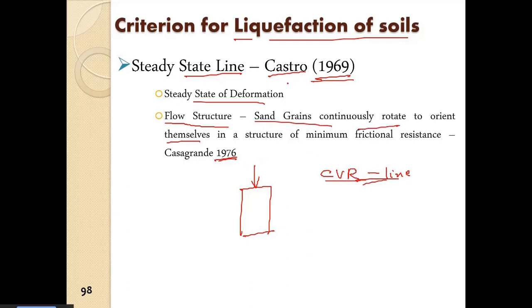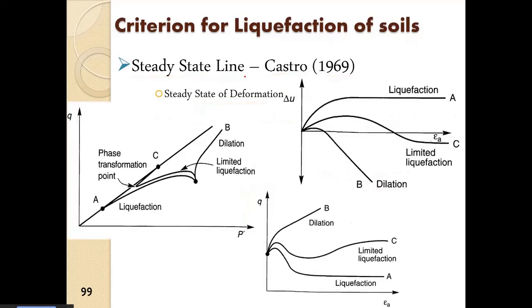So Castro did a series of tests developed to take this into account, and after the test results were plotted, he came up with the idea of the steady state of deformation, or steady state line. All right, so what is the steady state line?